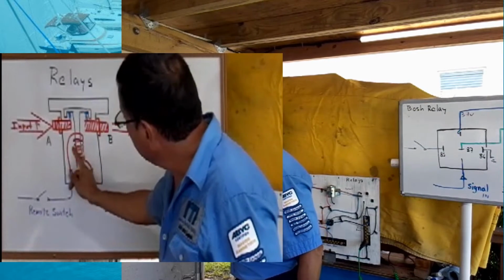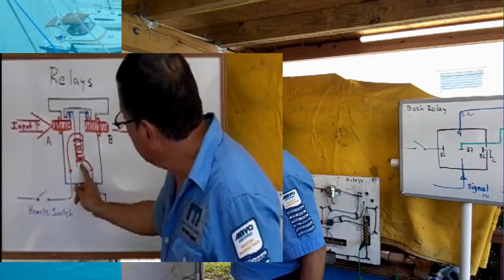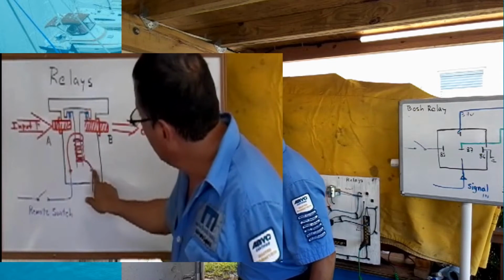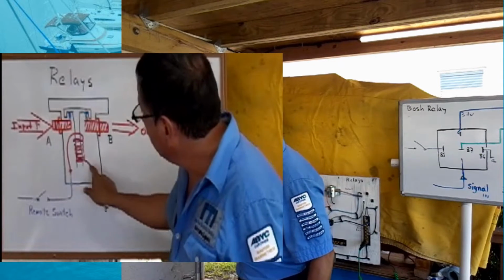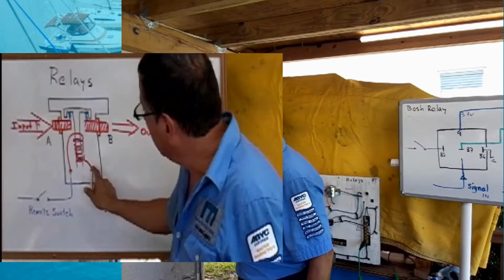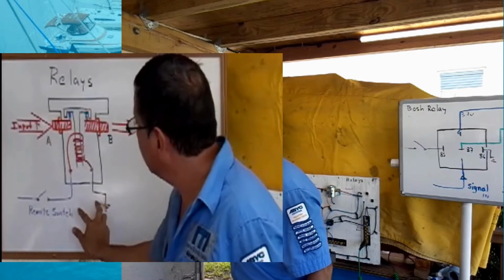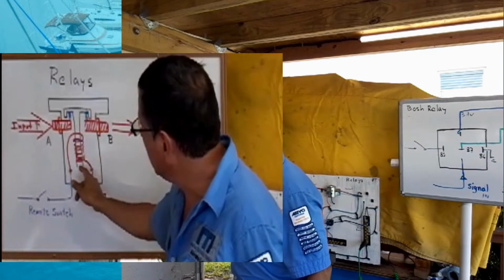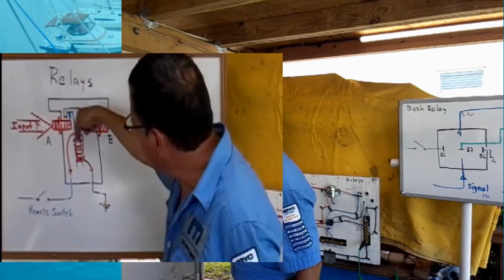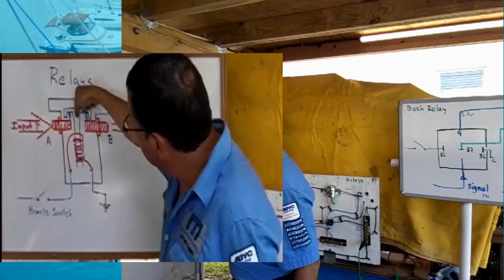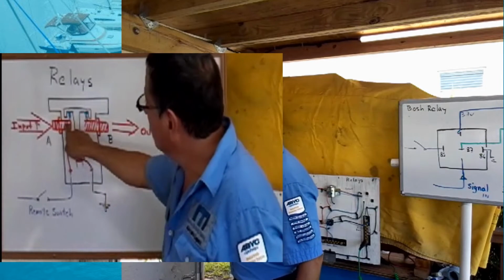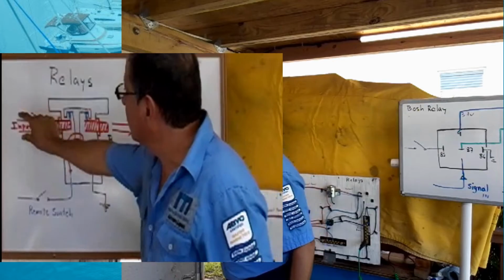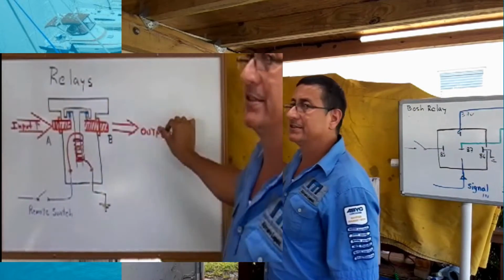And this is the coil surrounding the ferrous alloy metal. Those are the terminals, the input and output for the coil. When the signal enters the coil, it produces an electromagnetic field and the metal becomes a magnet. When the metal becomes a magnet, it goes down and closes the gap between A and B, and the big current passes through the other side.